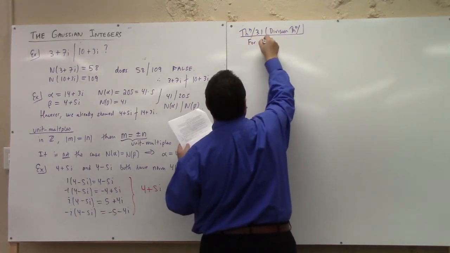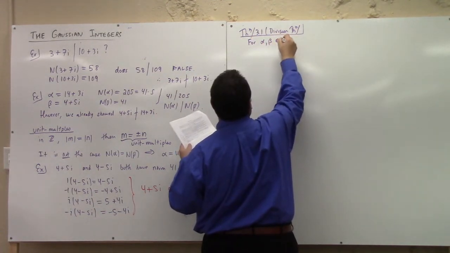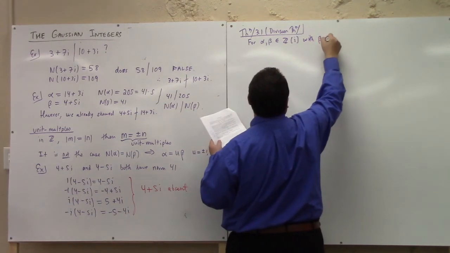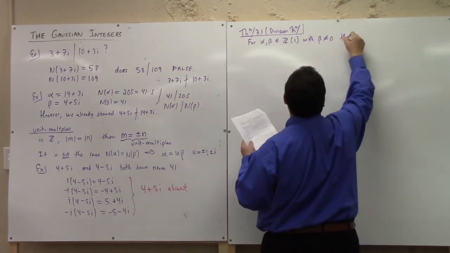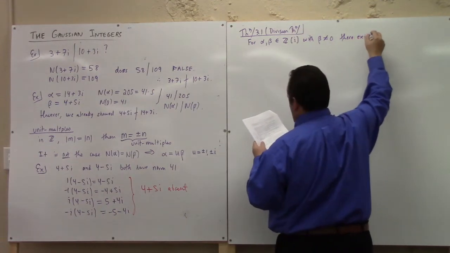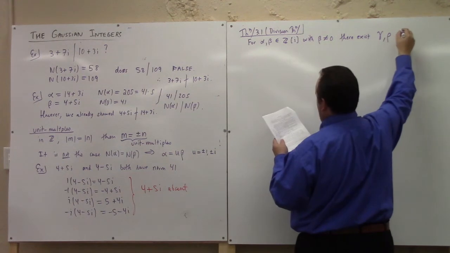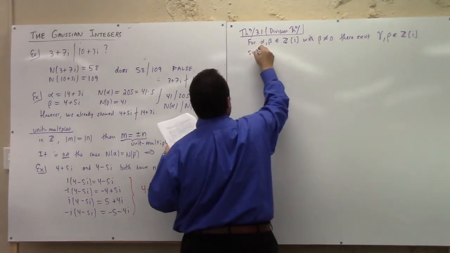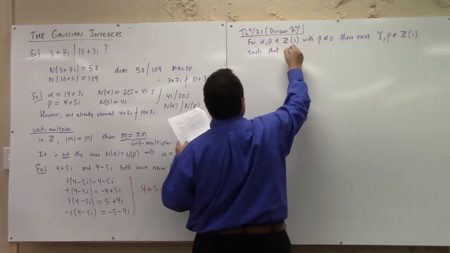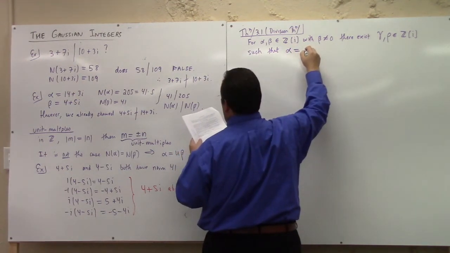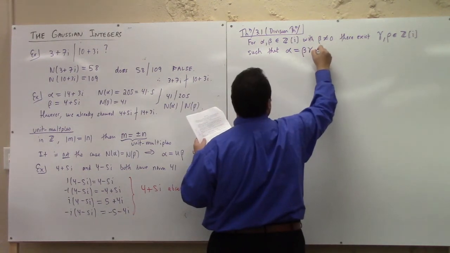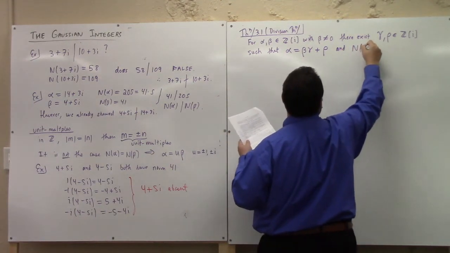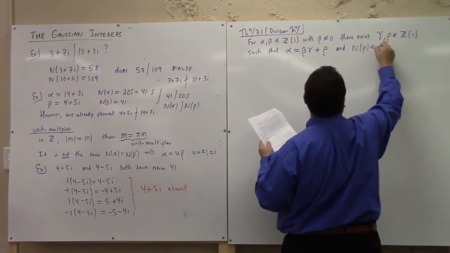For alpha and beta in the Gaussian integers, with beta not equal to 0, there exist gamma and rho in the Gaussian integers such that alpha is equal to beta gamma plus rho, and n of rho is less than n of beta.